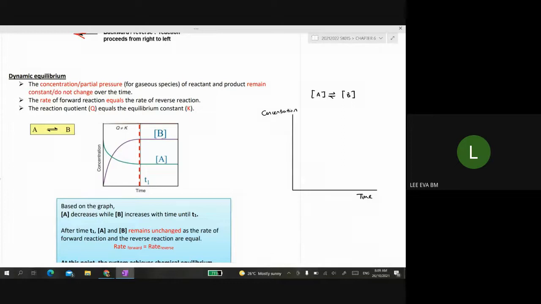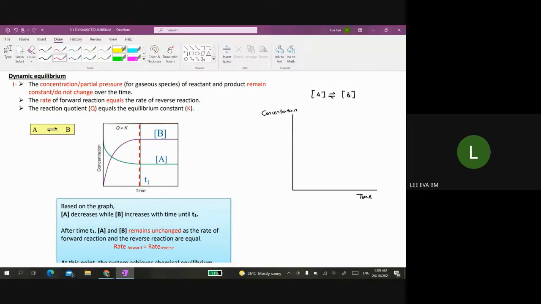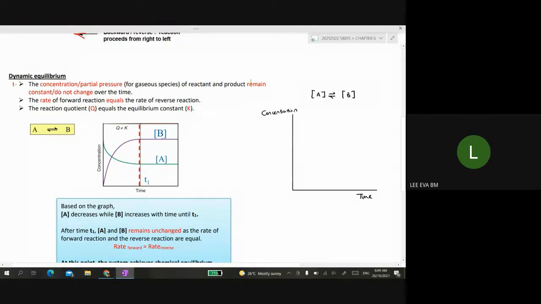First, we look at the concentrations or partial pressures of reactants and products, which remain constant or do not change. It does not mean the reaction stops, it is still going on, but the concentration remains constant over time.